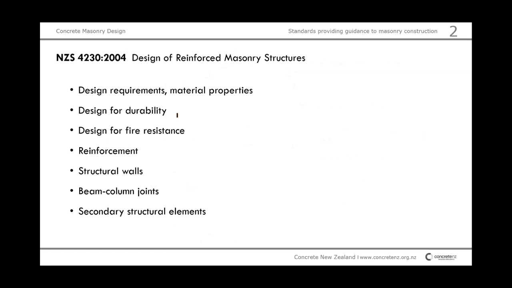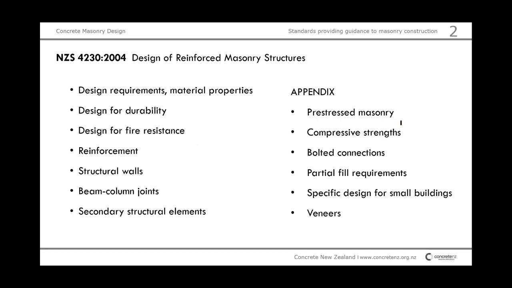4230 then, so if it falls outside the scope of what we saw earlier, then the engineer uses 4230. And 4230 has everything about design requirements, how to comply with B2 as well, durability, and clause C, fire resistance, reinforcement, structural walls, beam, column joints, secondary structural elements, 6 appendices, one on pre-stressed masonry, on compressive strength, bolted connections, partially filled requirements, and specific design for small buildings, and also on veneer.